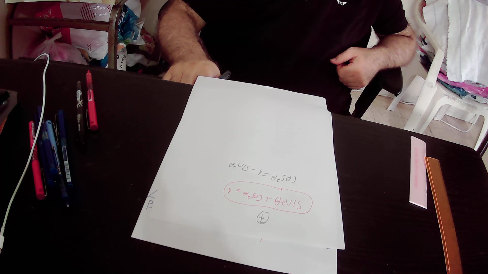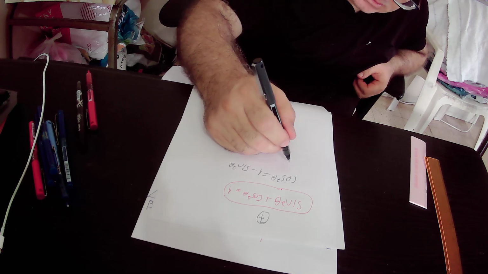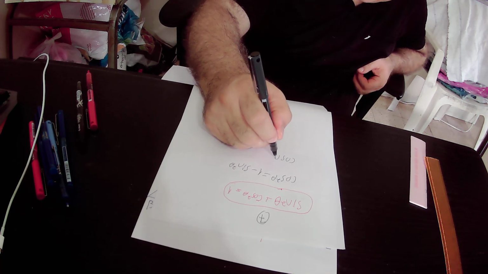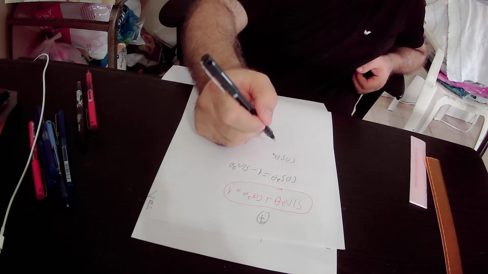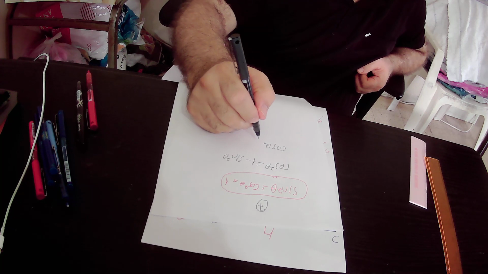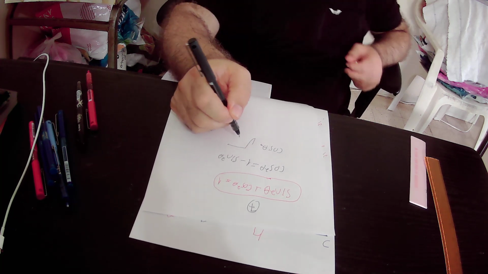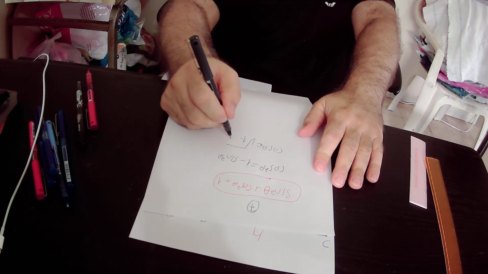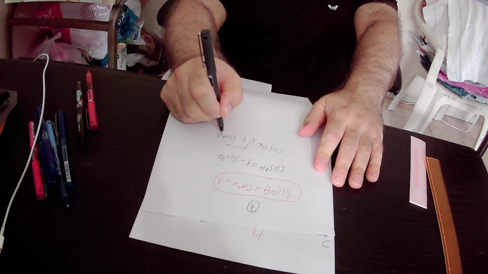In the next step, we will take a root of this equality and we will get that cosine theta equals the root of 1 minus sine theta squared.